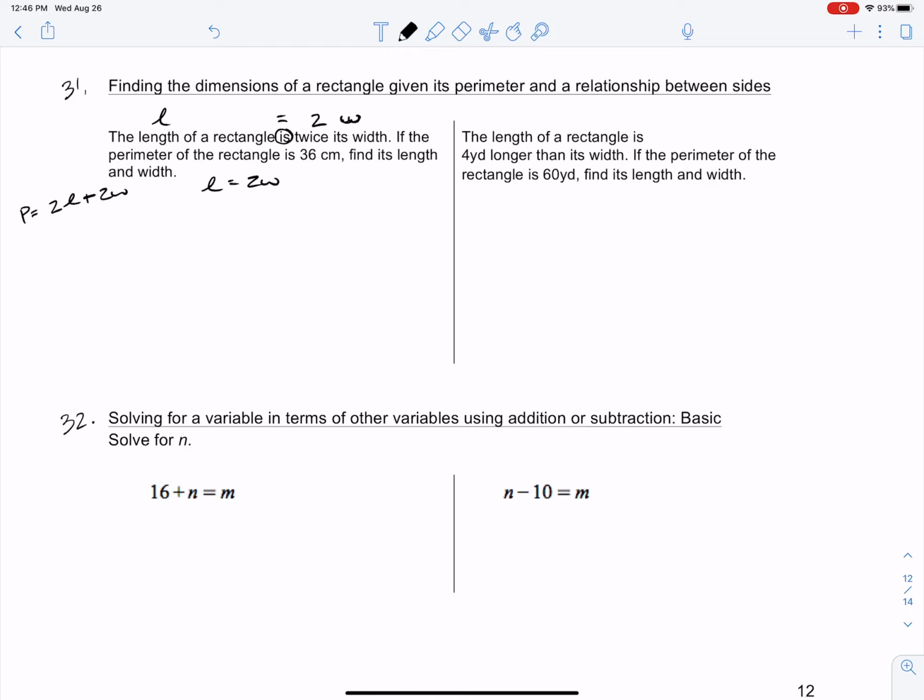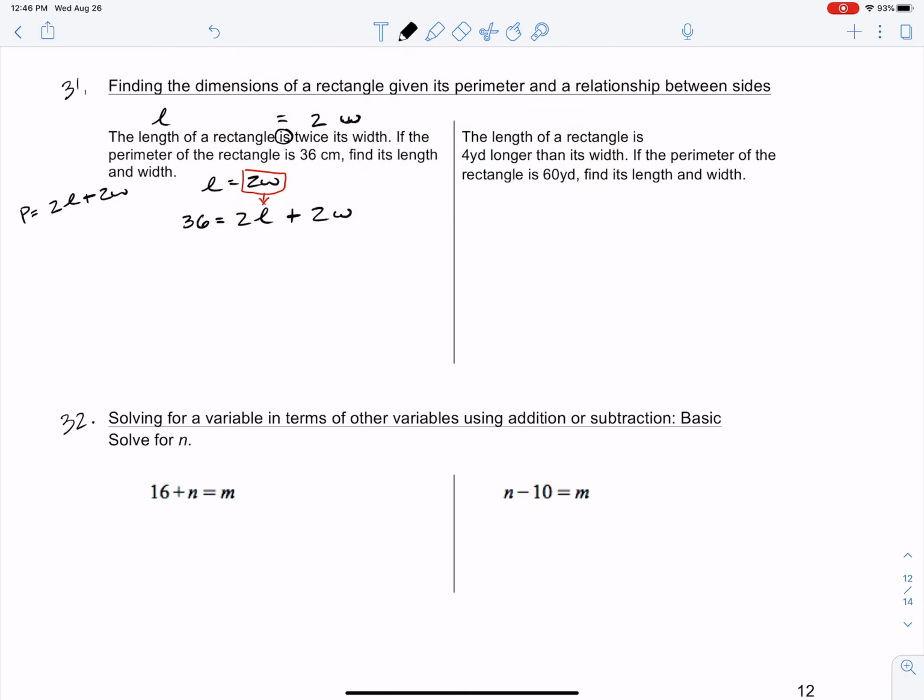It says the perimeter, 36, equals, find its length and width. Well, I know what L is. So let me just write out perimeter like this so we don't get confused. And I'm going to plug this in for that right there.